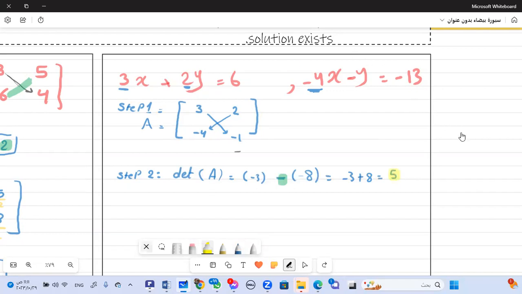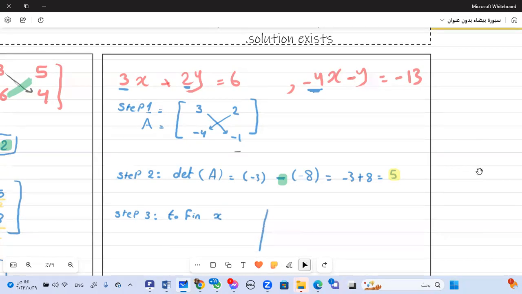The second one, or step number 3, to find x and to find y.